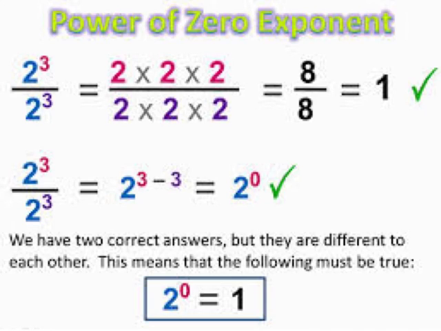So the power of the zero exponent. If we have 2 to the third over 2 to the third, we have 2 times 2 times 2 equals 8, and the same thing on top and bottom, which equals 1.